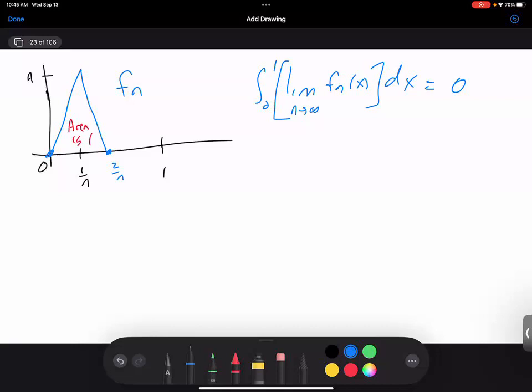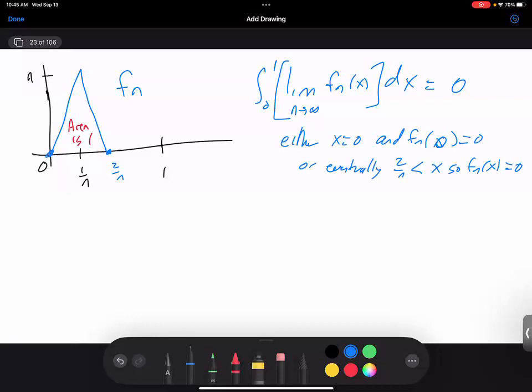And if x is not 0, then eventually n is so large that 2 over n is less than x. So either x equals 0 and fn of 0 equals 0, or eventually 2 over n is less than x, so fn of x equals 0.